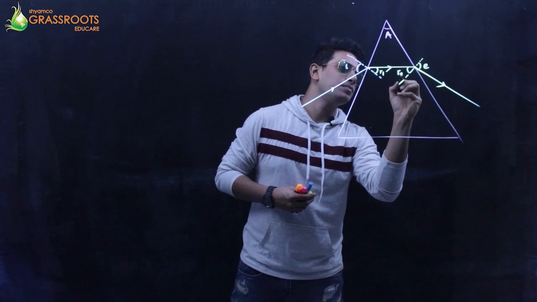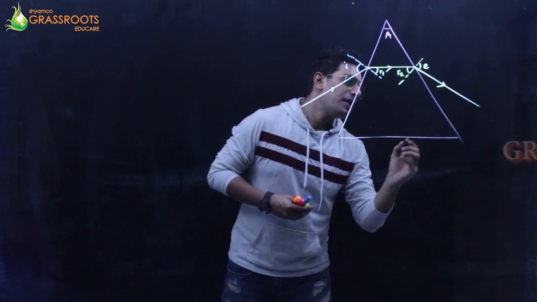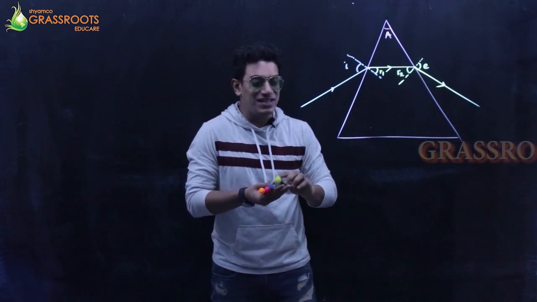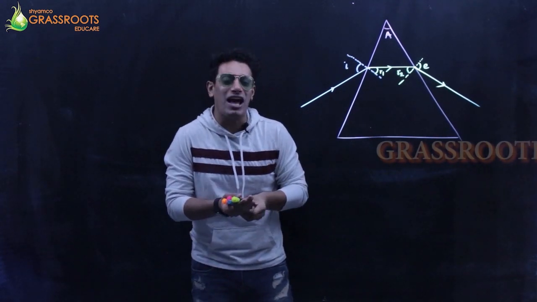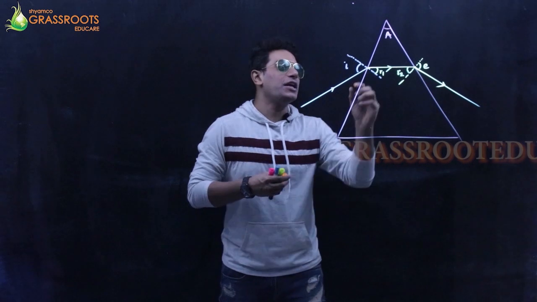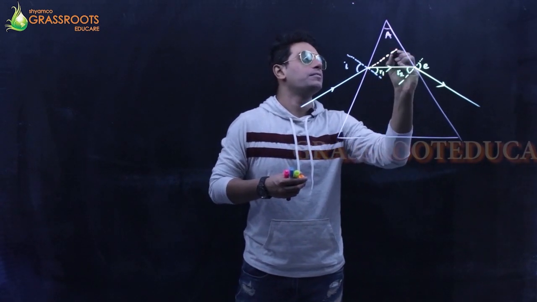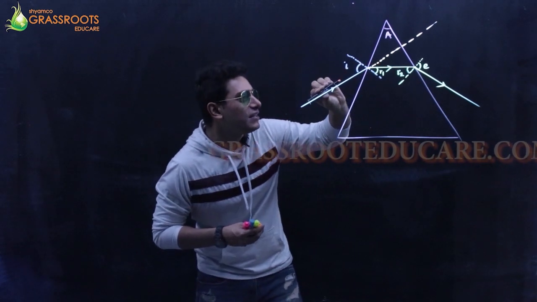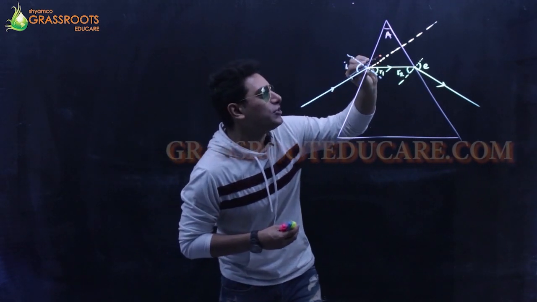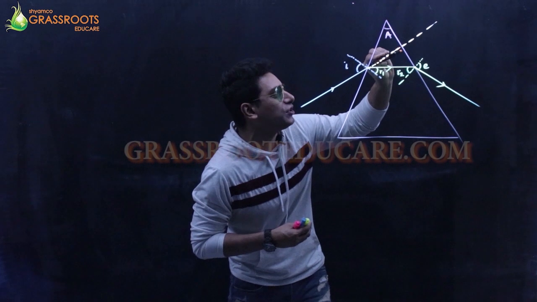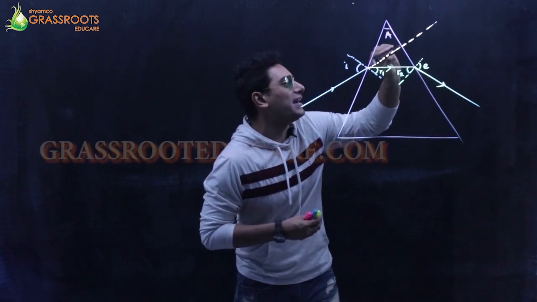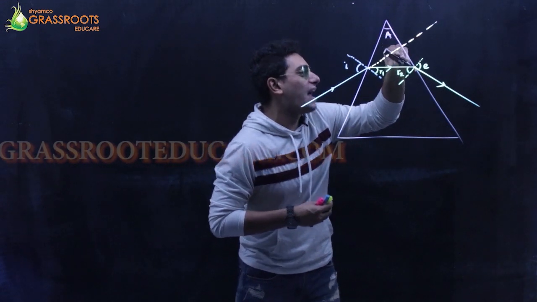So I can say this is the angle of emergence. This is R2. Alright. Out here, if this incident ray would not have been deviated, it would have gone straight. But because of refraction, it bends and falls down.